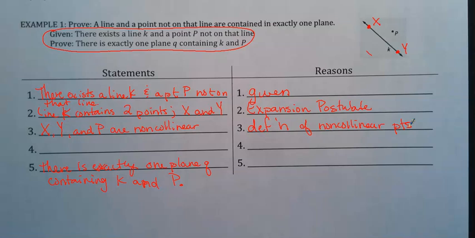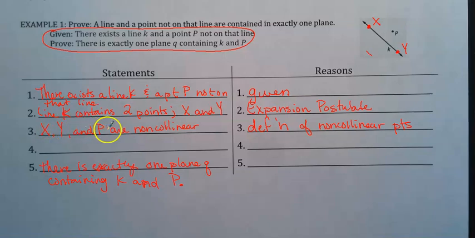I'm trying to prove that they're in a plane, so maybe I should look at some vocabulary or something with a plane, because I have a plane postulate, right? What's the plane postulate say? So if you look that up and reference it, it's 1.3.3. Okay. The plane postulate says 3 non-collinear points lie in exactly one plane. Well, look at this.